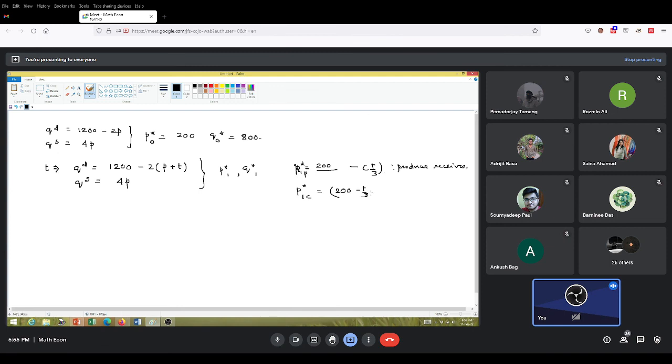Sorry, this is the producer price plus T. So this will be how much? 200 minus t by 3 plus t, which is 200 plus 2t by 3.